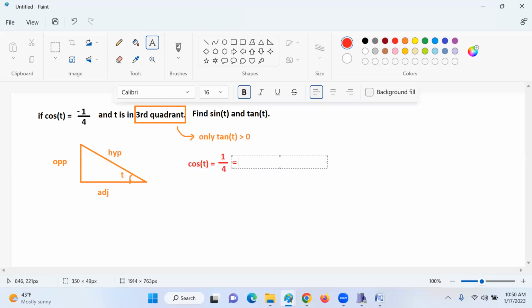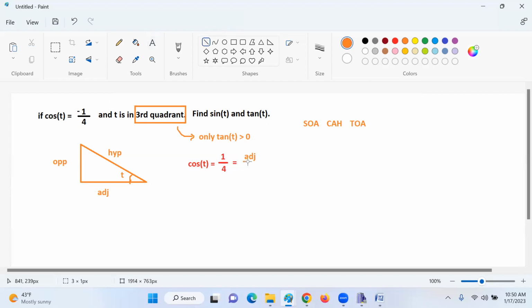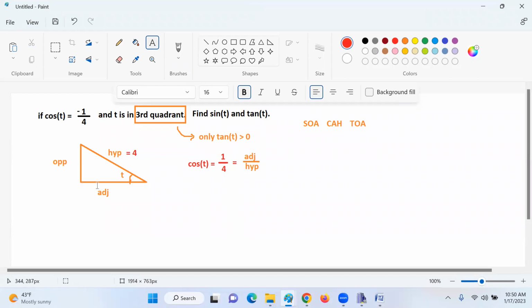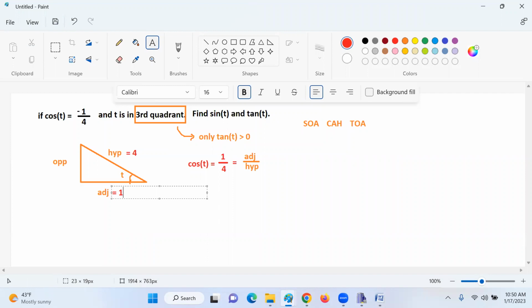By SOHCAHTOA, the cosine is the adjacent over the hypotenuse. The hypotenuse is going to be the longest side length that we can see in the picture, so the hypotenuse is 4, and the adjacent is 1. So 1/4: adjacent is 1, hypotenuse is 4.